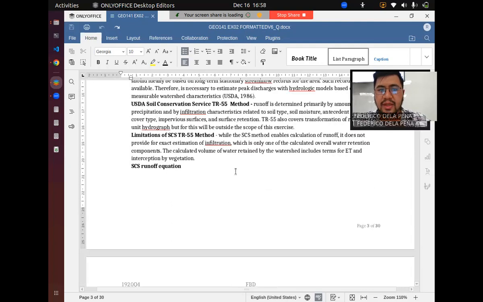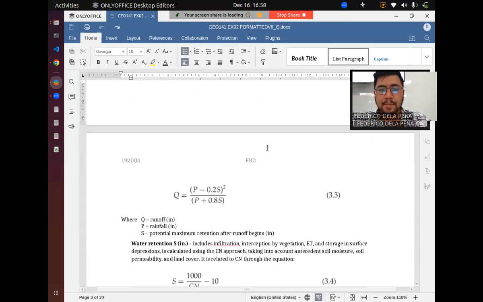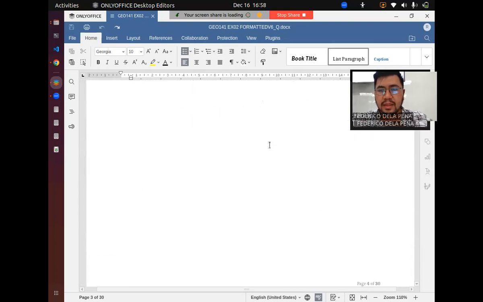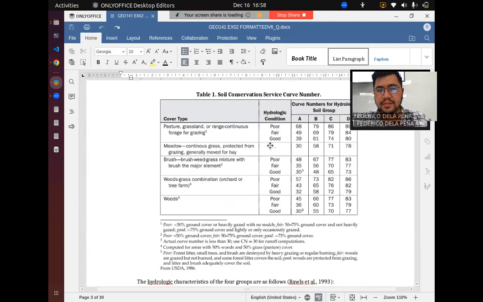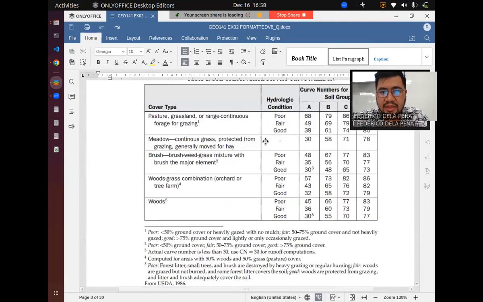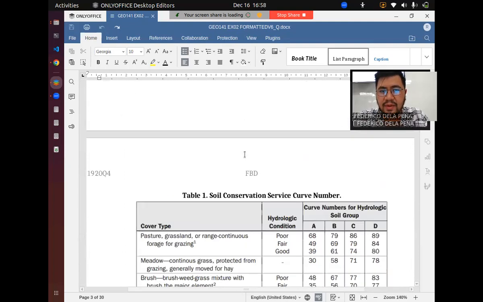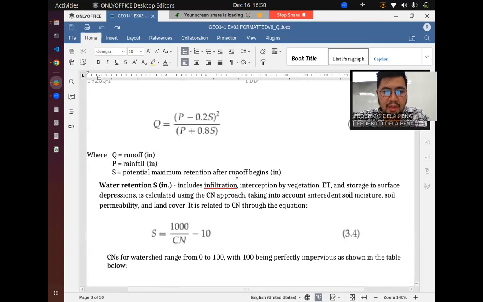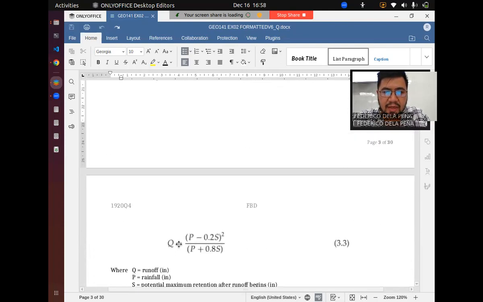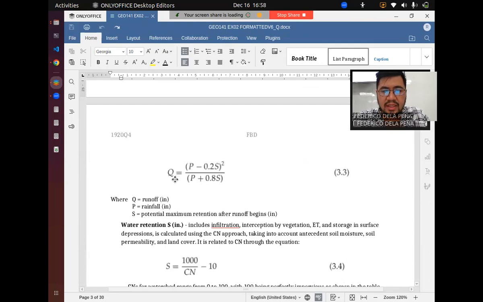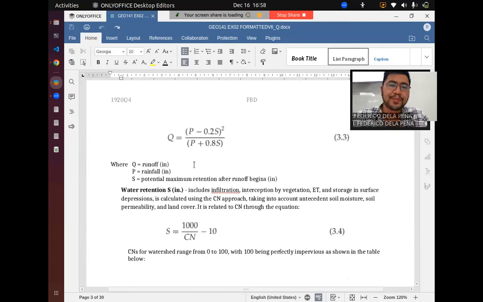And also the SCS method. I'm just going to give you a refresher on this SCS curve number. So again, this is the SCS equation: Q, or discharge, is equal to (P minus 0.2 S) squared over (P plus 0.8 S), where S is the maximum retention.